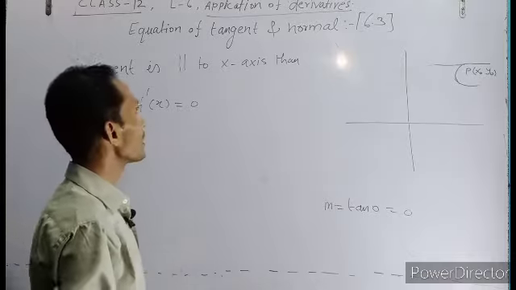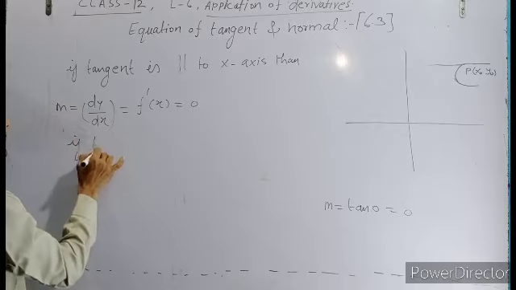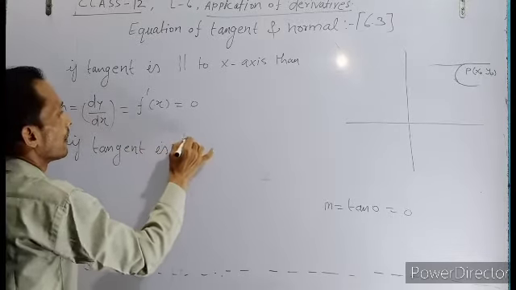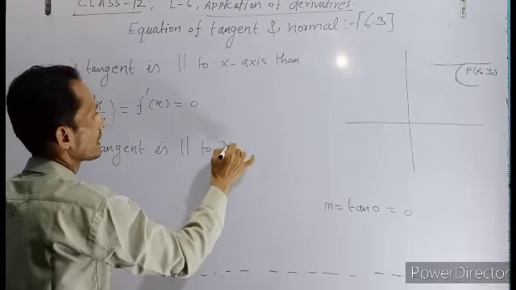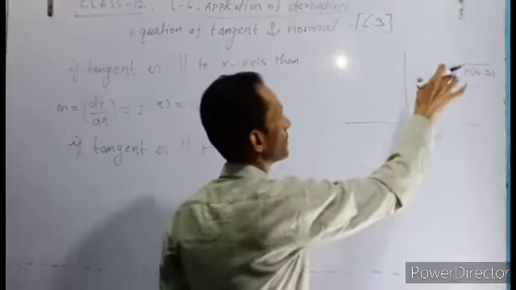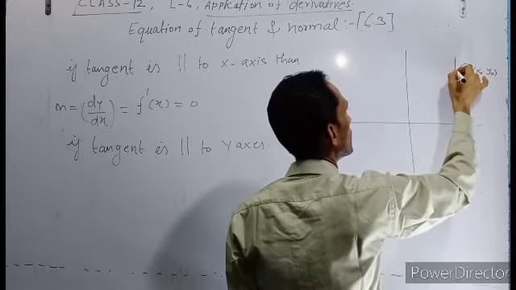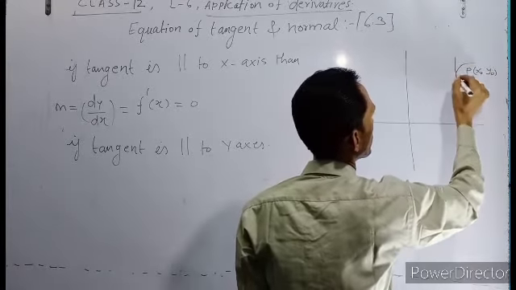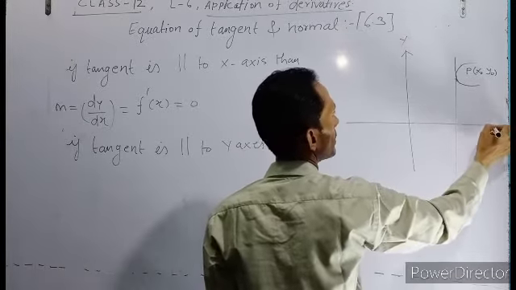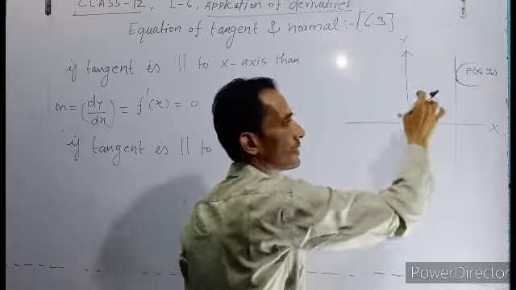If the tangent is parallel to the y-axis, what can we say? Suppose we draw this one in this way, that is the y-axis, and that is the x-axis, and the tangent at the point P of this curve.